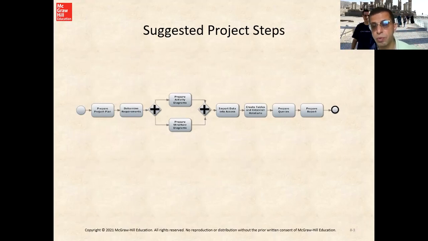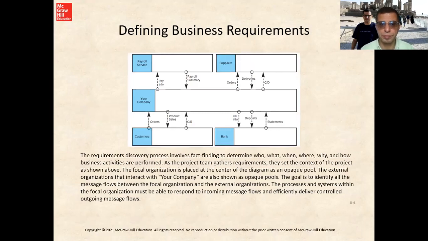Then import data into Access or any application, create a table if you want, prepare a query and test if it's working, and prepare a report. This is the whole suggested set of project steps, integrated.